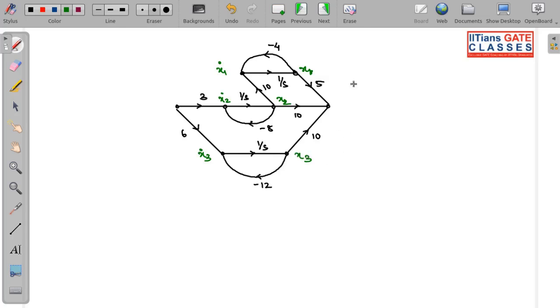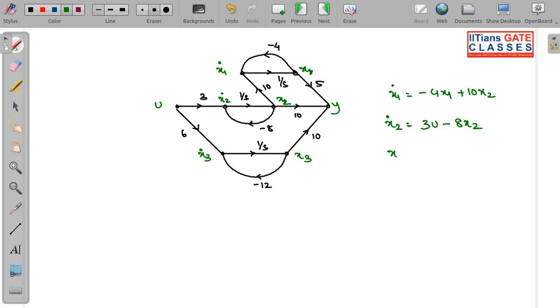Now x1 dot is equal to minus 4x1 plus 10x2. x2 dot is equal to 3u minus 8x2, where u is the input and y the output.